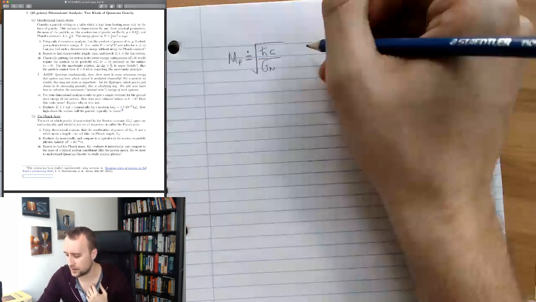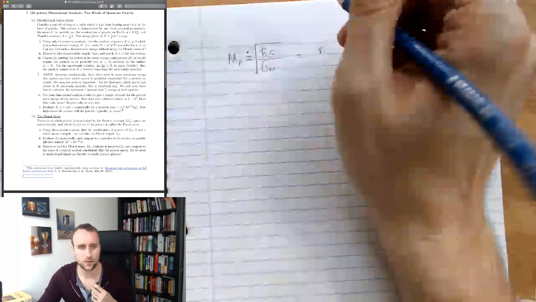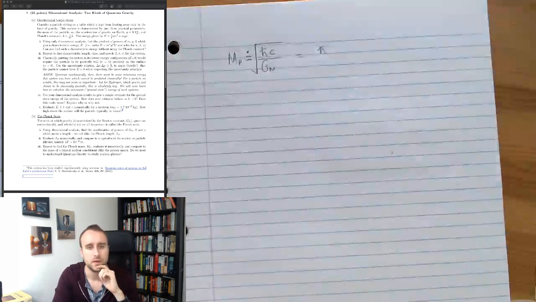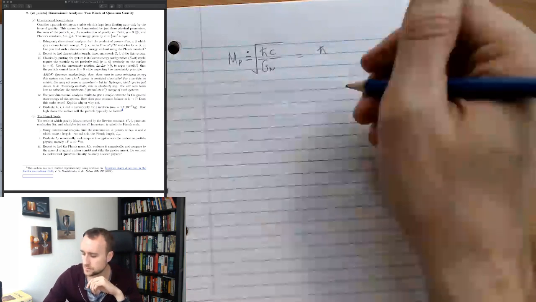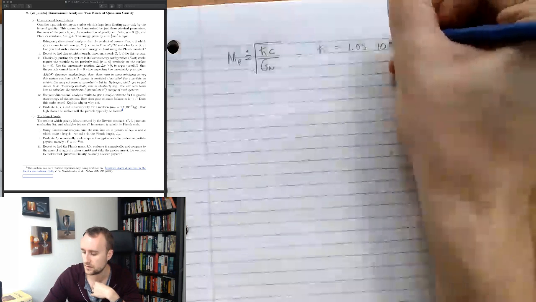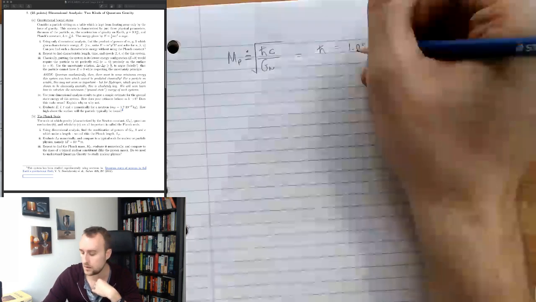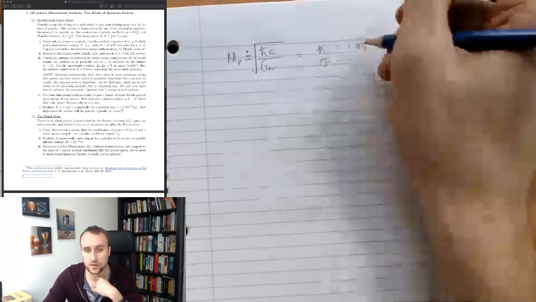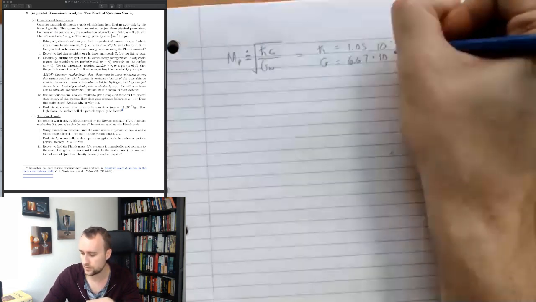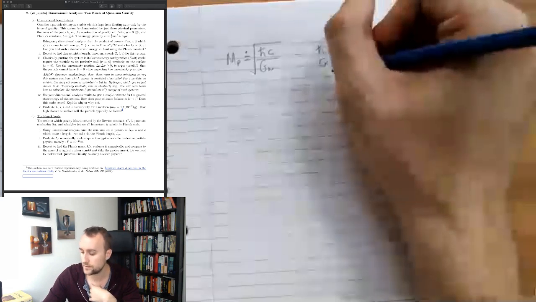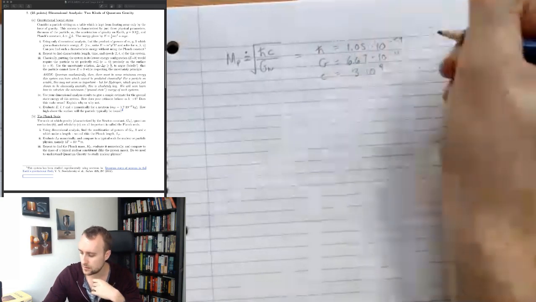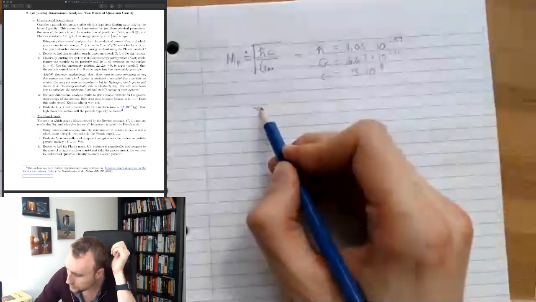And now let's calculate this. h bar, which I had the wrong constant for, is 1.05 times 10 to the negative 34. And G is equal to 6.67. Okay, so I did have the right one for that, times 10 to the 8th. And so let's work on this here.